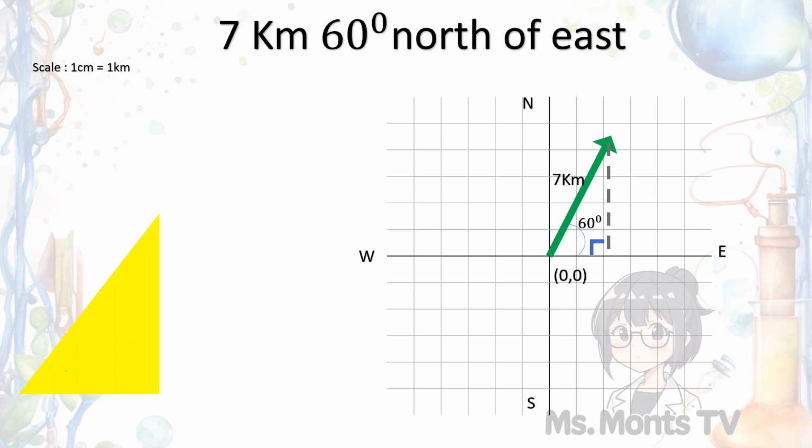From this right triangle, we will identify the parts: 7 kilometers and 60 degrees. Now, let's identify the parts of the right triangle. The longest side is the hypotenuse.